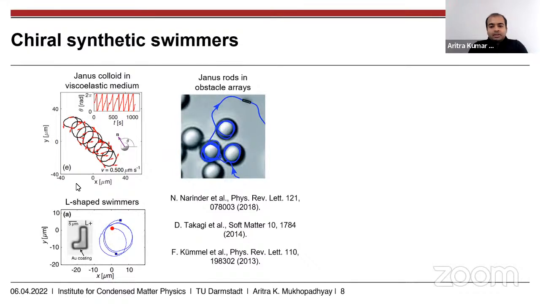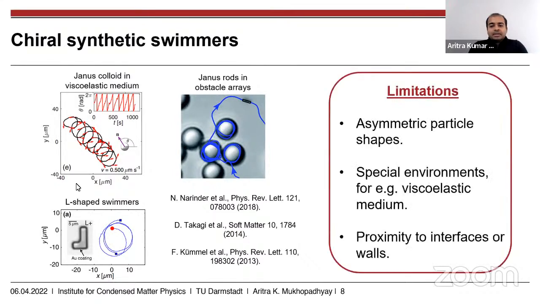However, when compared to linear artificial swimmers, the techniques used to generate chiral swimmers and chiral motion in active swimmers are fairly limited. Moreover, the existing techniques have certain limitations. For example, they either require a special particle design like an asymmetric particle shape, or they need a specialized environment like viscoelastic media or proximity to certain walls or solid interfaces.